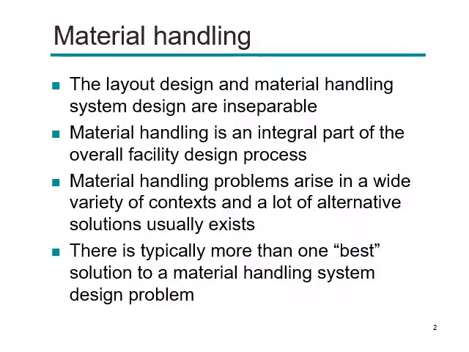It means that for a design, you can use either alternative A or alternative B, and these two alternatives perform equally well. They have their own advantages and disadvantages, and you cannot say that one is better than the other. So there are a lot of alternative material handling designs that you should consider.